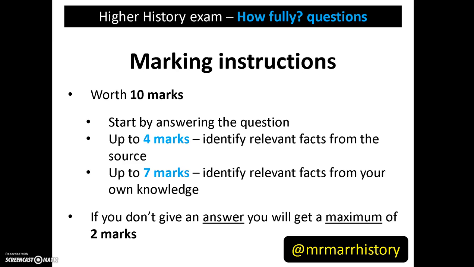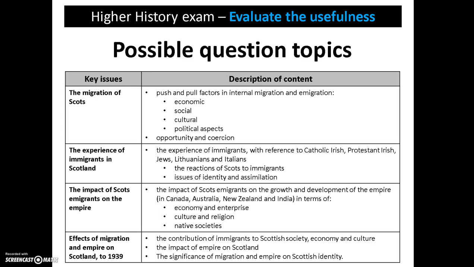If you don't give an answer to the overall question, you will get a maximum of 2 marks. In terms of question topics, the how fully questions will be drawn from the key issues and will be reasonably general in their application.